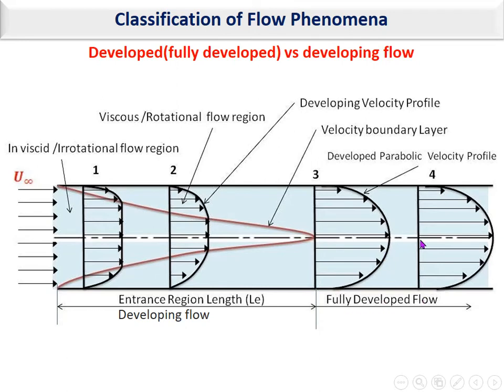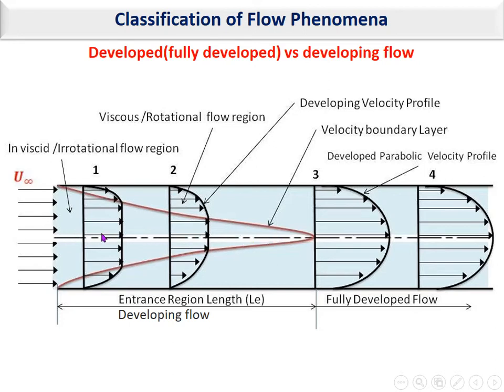As you can see here, and it's very important to learn, from the start of the pipe up to point 3, the flow is non-uniform. Do you remember? Uniform means that the flow velocity does not change with x.